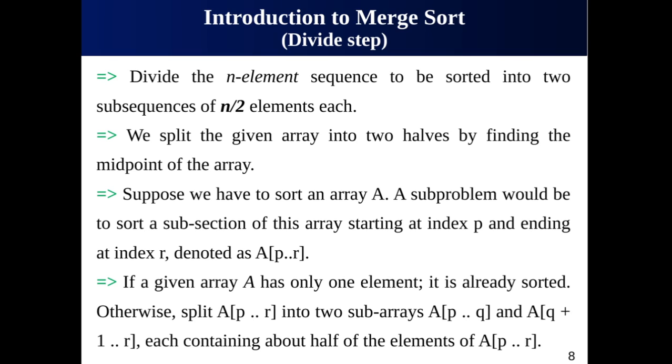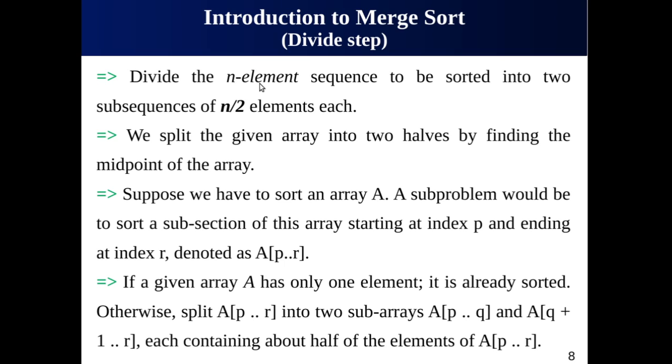Now, as we just saw, the merge sort algorithm itself is based on the divide and conquer approach, so it has to follow the three-step approach. The first step is the divide step, which means that you have to divide the problem or the list into subproblems. For example, you have a list or array that has n elements.